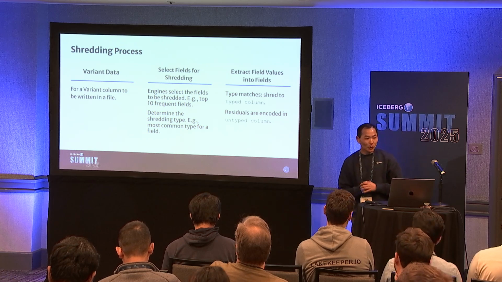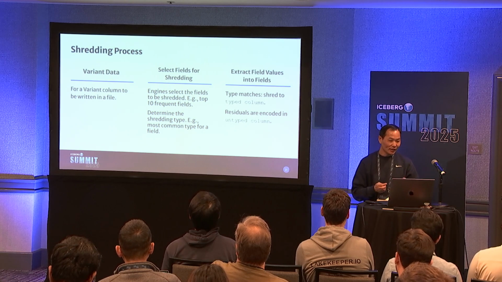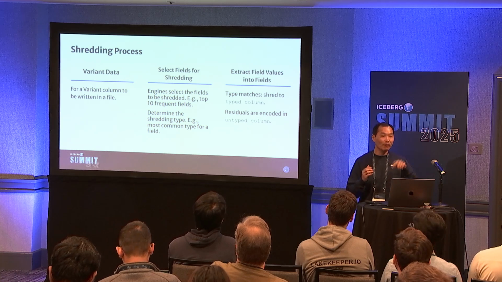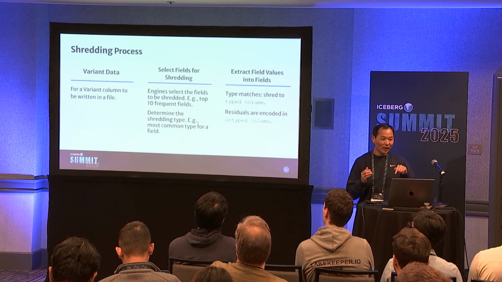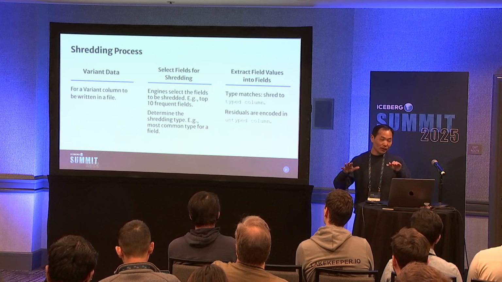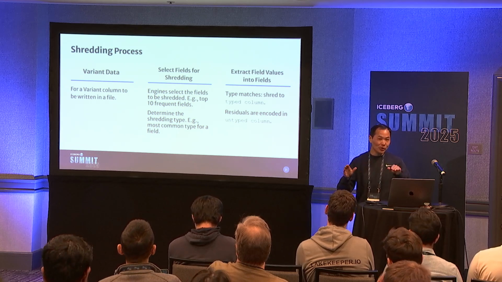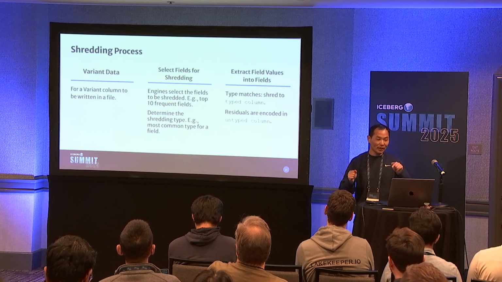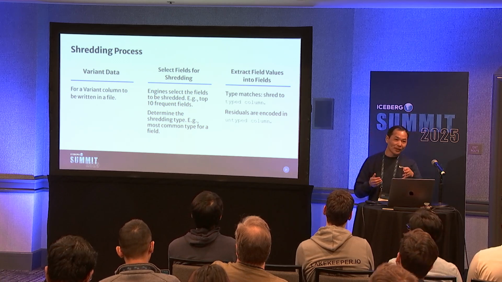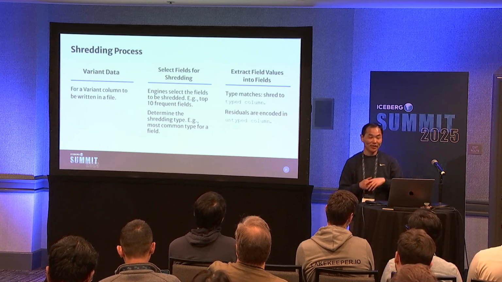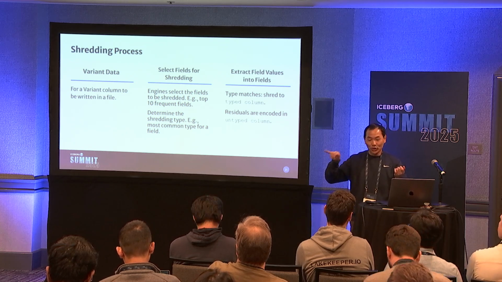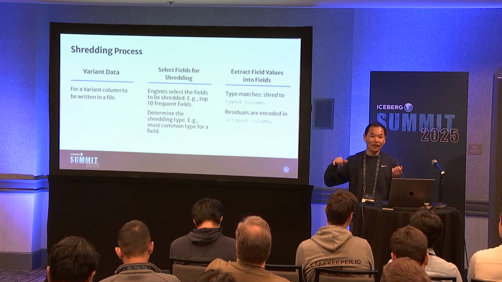So that's another side effect. Now, how do we do the shredding? First, the shredding is per file. For each file, we apply the shredding. So across files, the shredding may be different. Let's say, using event type as an example, event type is a string in this file. In the future, event type becomes an integer.